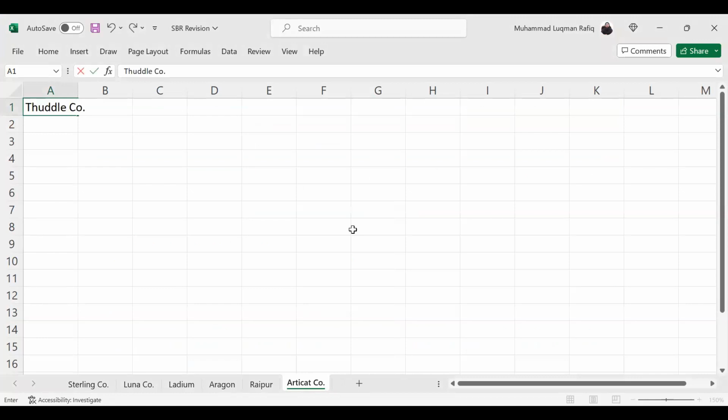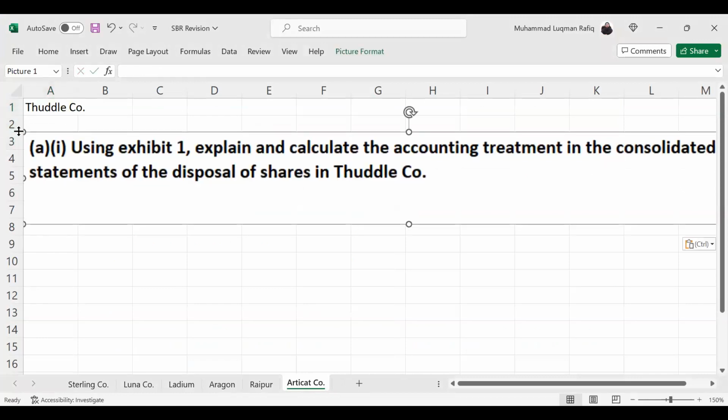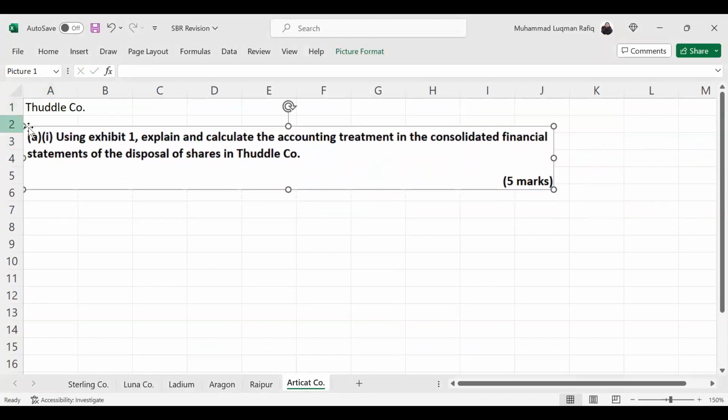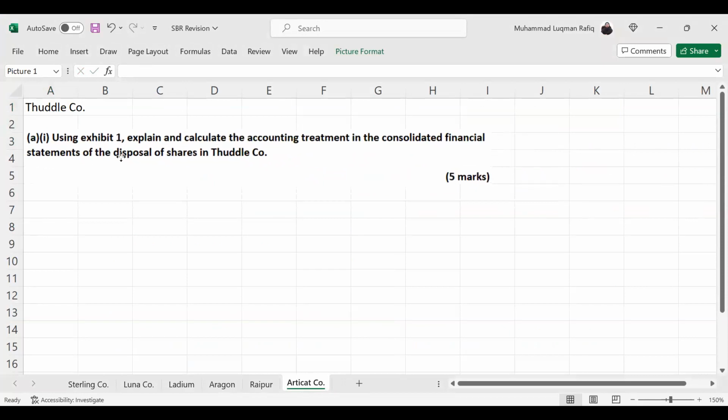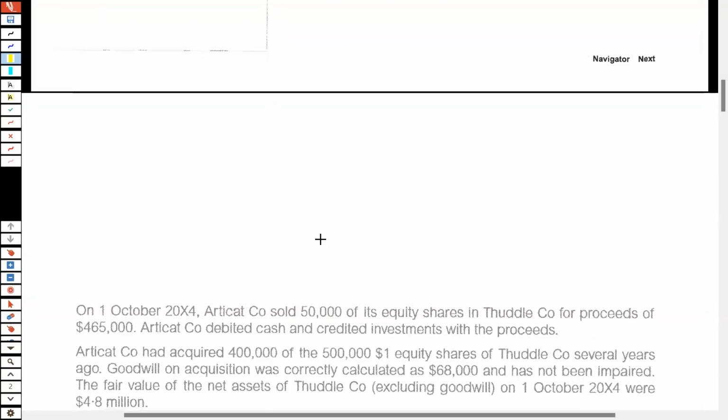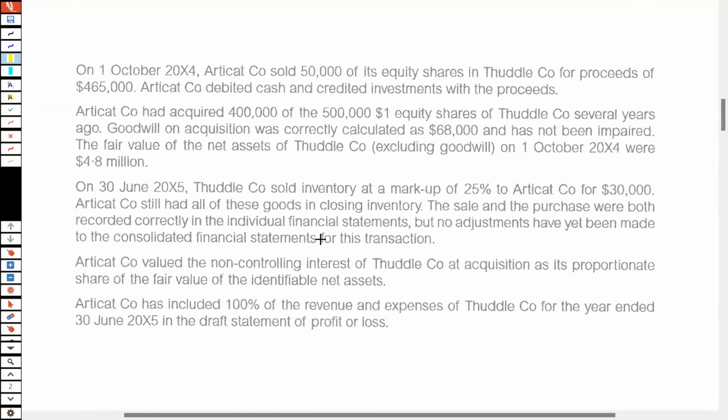This is Thadal Company. Can you just read through exhibit number 1 so that we could start discussing?